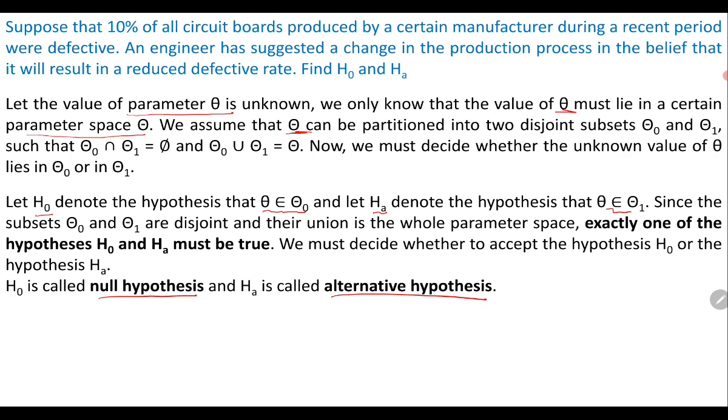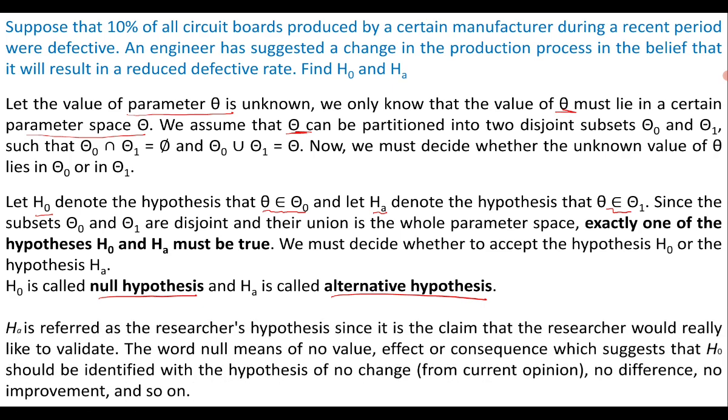But how do we know which one is null and which one is alternative? HA refers to the researcher's hypothesis, which means something we want to validate, and H naught means what is already there. So you have some information already, and some information you want to validate.